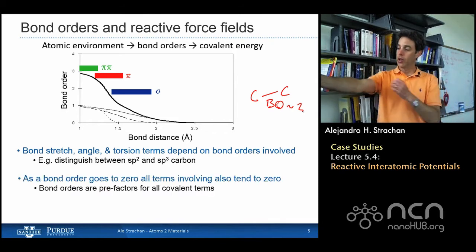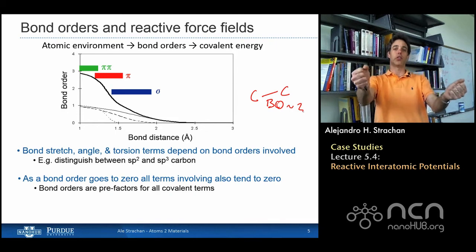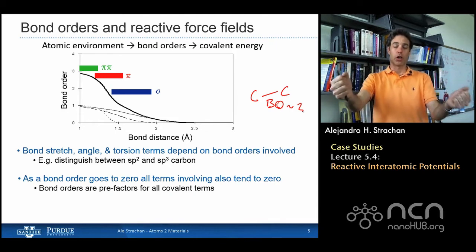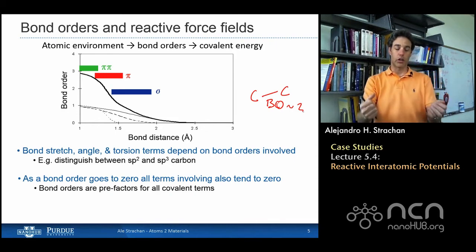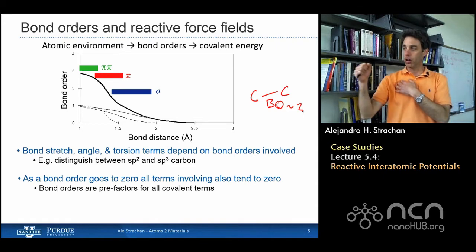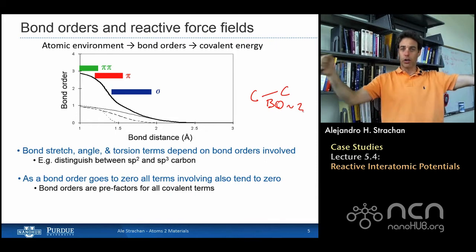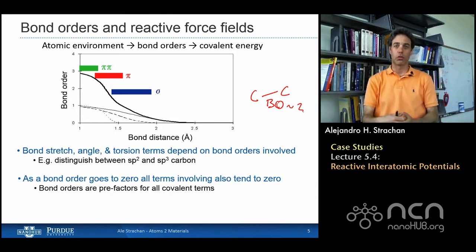Now, as the bond order between two atoms goes to 0, if I break the bond by increasing the distance, all the covalent terms involving those two atoms also go to 0 smoothly. Any angle involving that bond is going to go to 0.